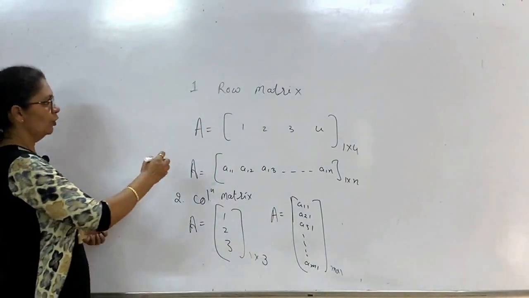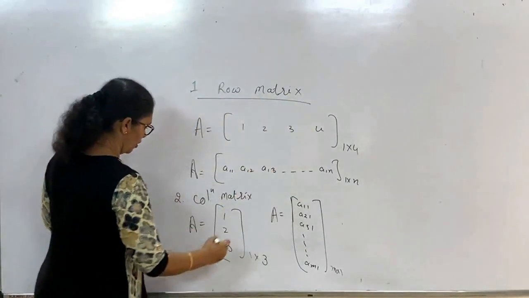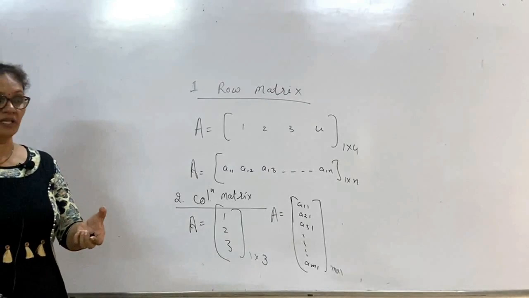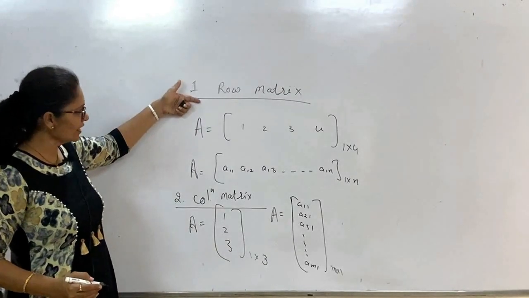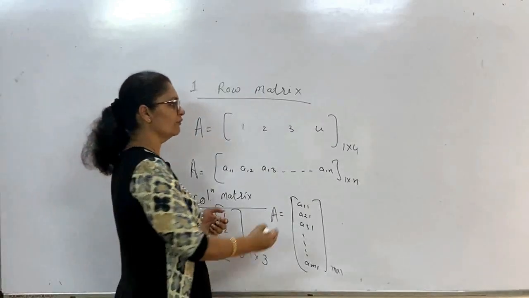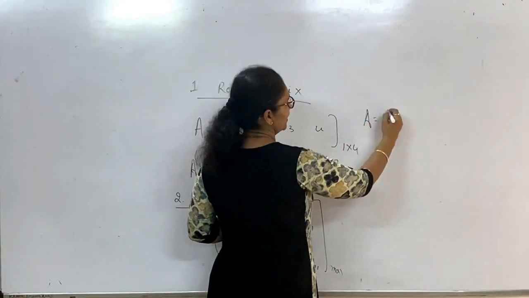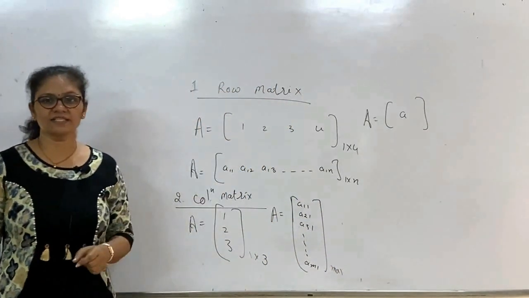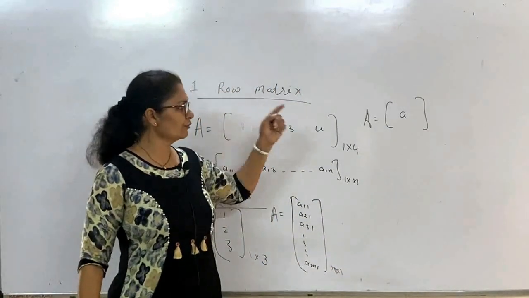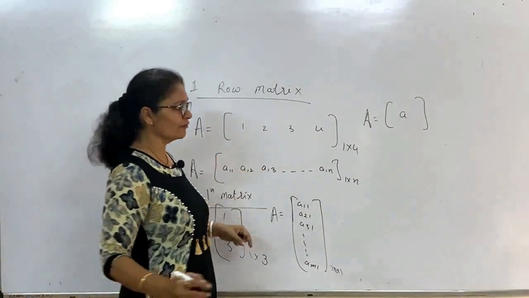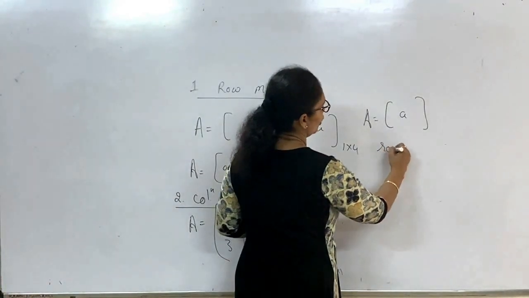Now remember, row matrix and column matrix. There is a matrix which we can call both a row matrix and a column matrix. I give you one example. If I take matrix A with 1 row and 1 column, this is a row matrix and also a column matrix.